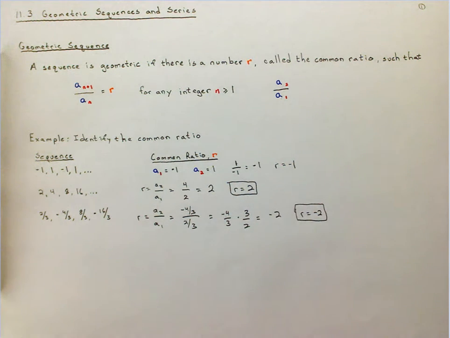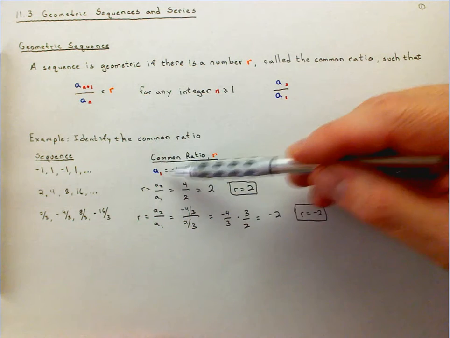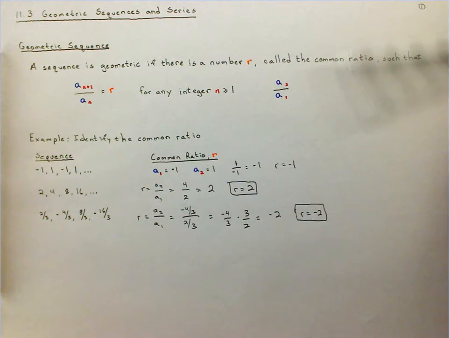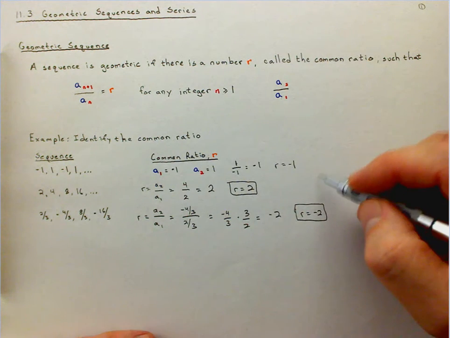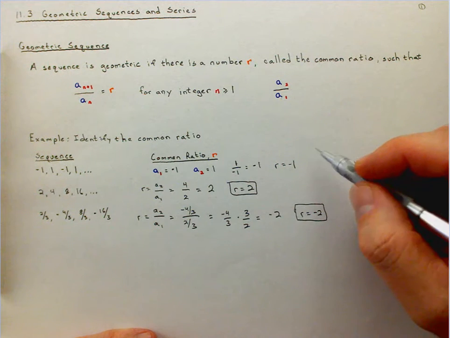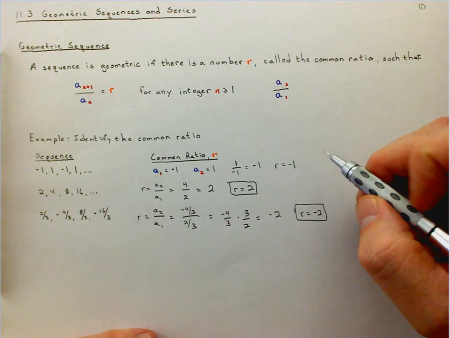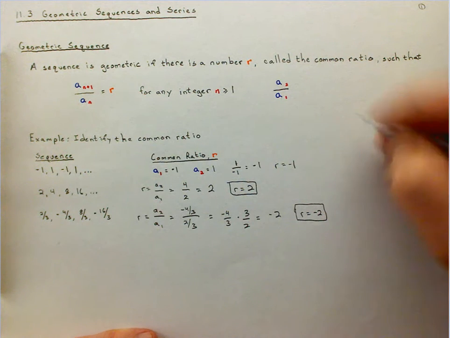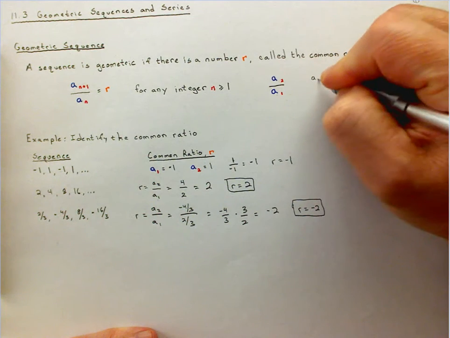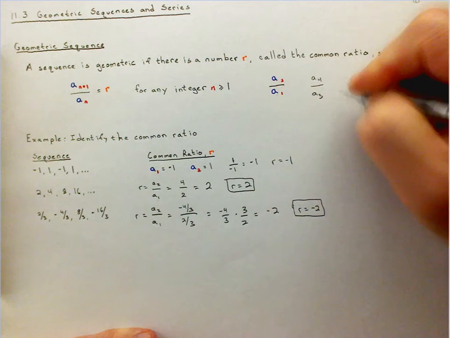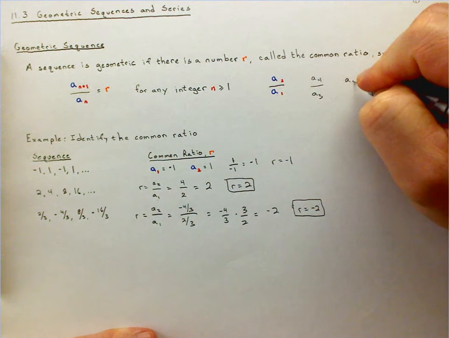And just like with our common differences, I do not have to use a sub 1 and a sub 2. As long as they are consecutive terms and I take the higher term in sequence and put it over the lower term in sequence, I could do, for instance, a sub 4 over a sub 3, or a sub 8 over a sub 7.